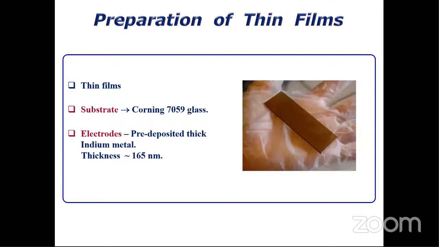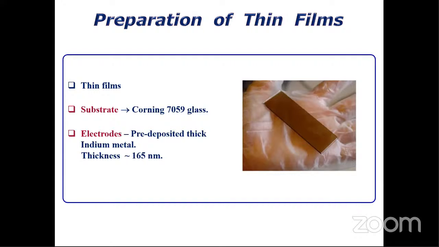If the substrate material does not have high resistivity, then there may be a possibility that the current may pass through the substrate also. So just to avoid that, we are taking alkali free glass, and for that purpose we have used the Corning 7059 glass here.